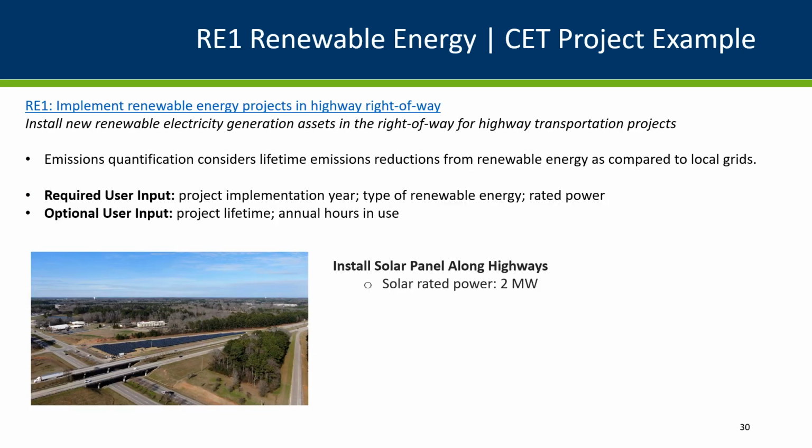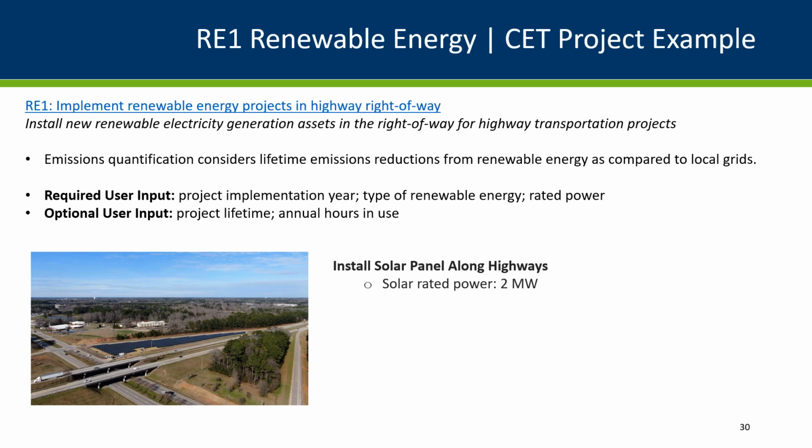Now let us consider the project type for RE1 for renewable energy projects. This can be used for any new renewable electric generation project. As inputs, the calculator requires the type of renewable energy and the rated power of the project.